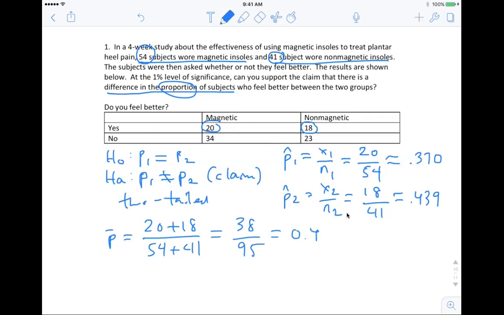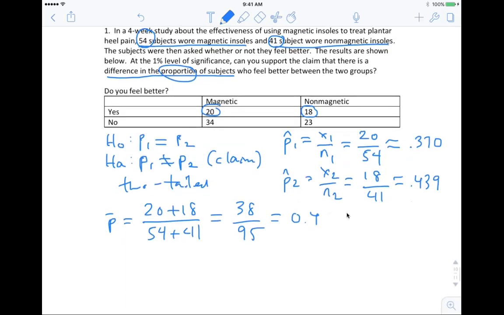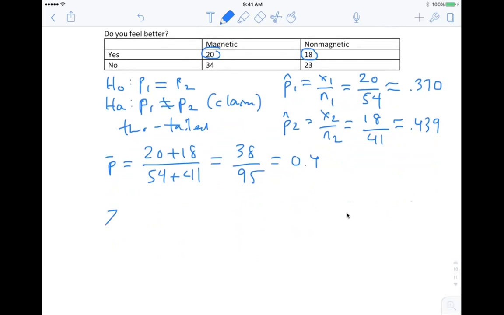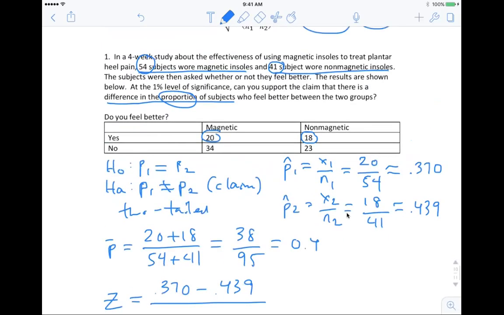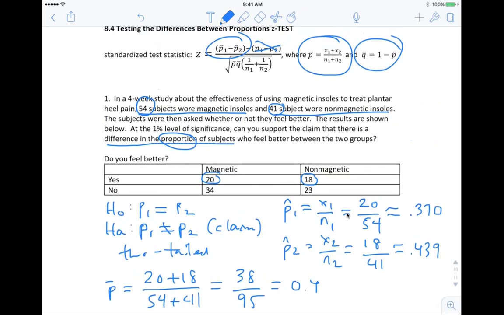And then once you get that z, everything will flow like we've seen. Okay, so z, here we go. We're taking P hat 1 minus P hat 2, over, now we've got big square root.